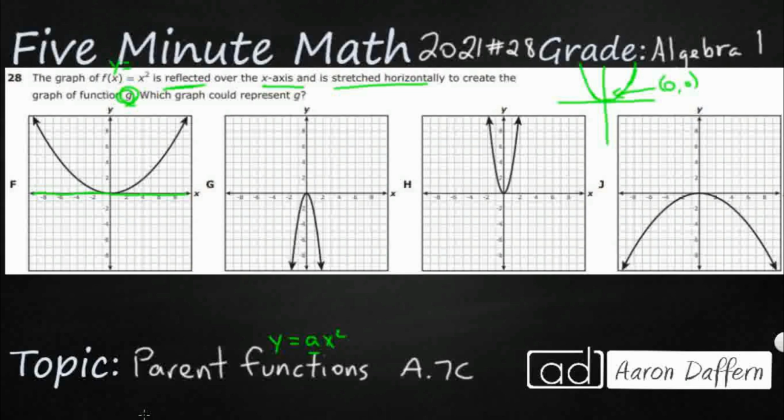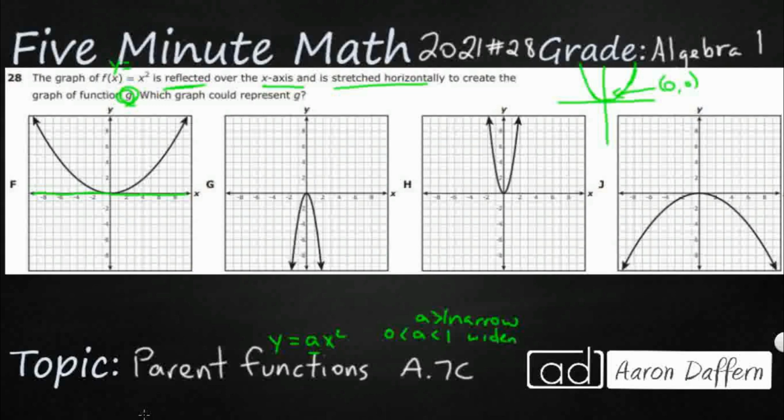If a is greater than 1, then it's going to narrow. If a happens to be less than 1 but still greater than 0, between 0 and 1, it's going to widen.